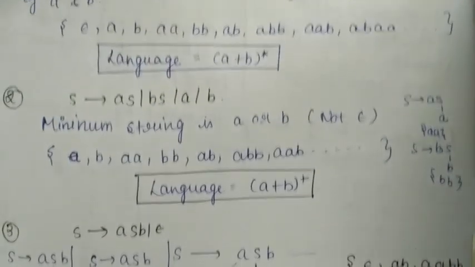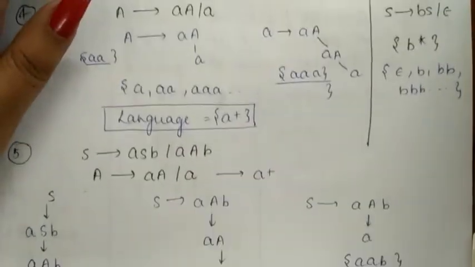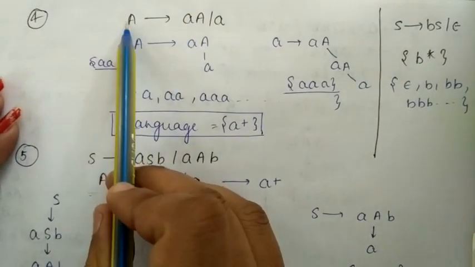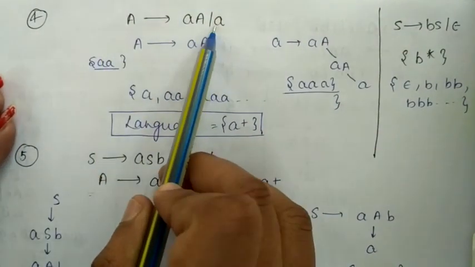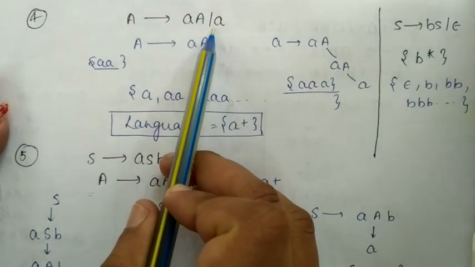Now the next question is to identify the language for this grammar. First of all, what is the minimum string? The minimum string comes from A tends to a.